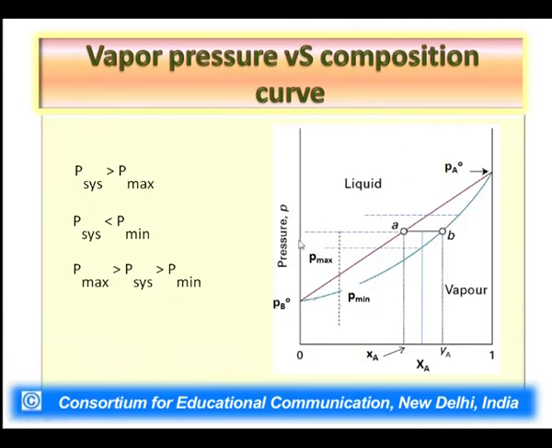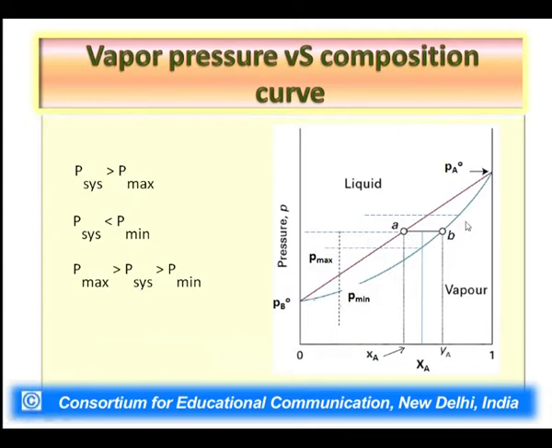At this pressure, the dotted line becomes a horizontal line which connects the two curves, the liquid curve and the vapor curve, at points A and B. Point A is where this horizontal line meets the liquid curve, and it meets the vapor curve at point B. So point A represents the composition of the liquid phase at this pressure, and point B represents the composition of the vapor phase at this same pressure.